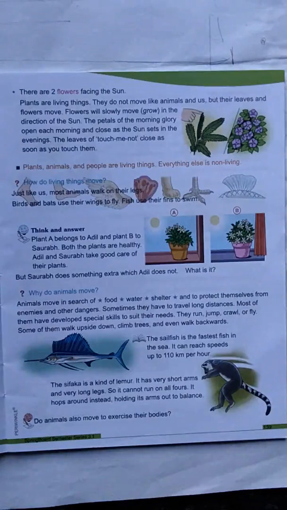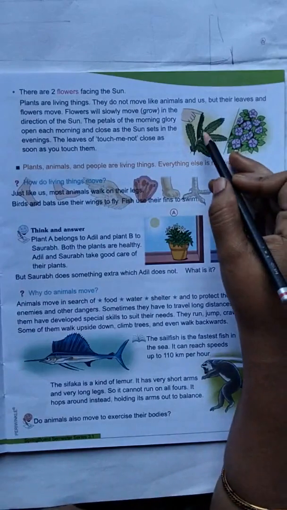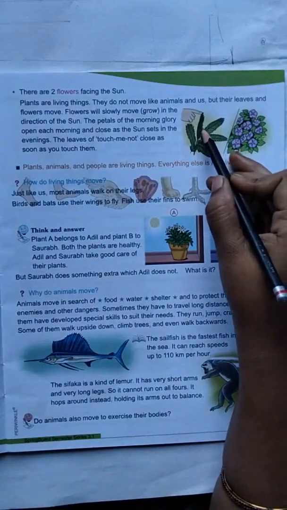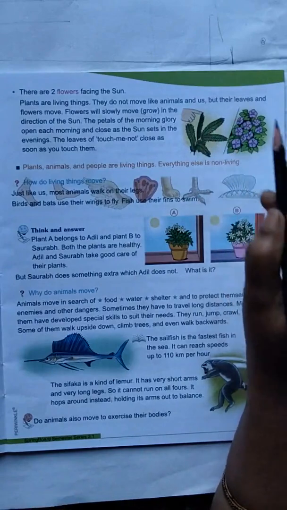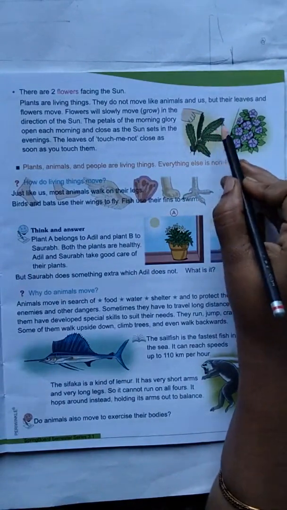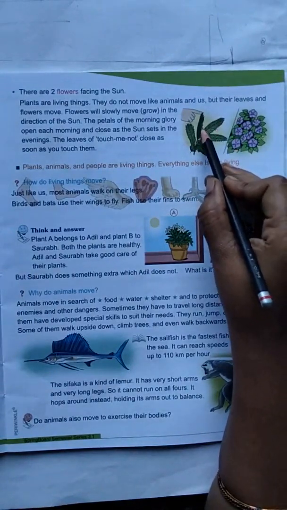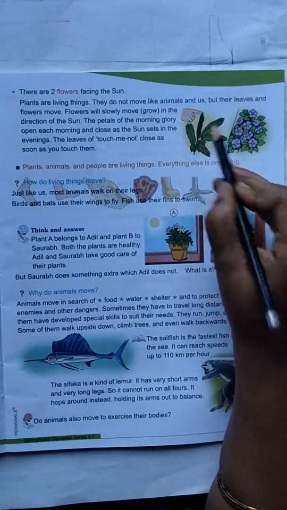Flowers will slowly move, growing in the direction of the sun. The petals of the morning glory open each morning and close as the sun sets in the evening.